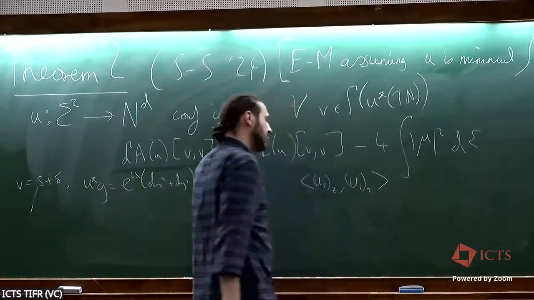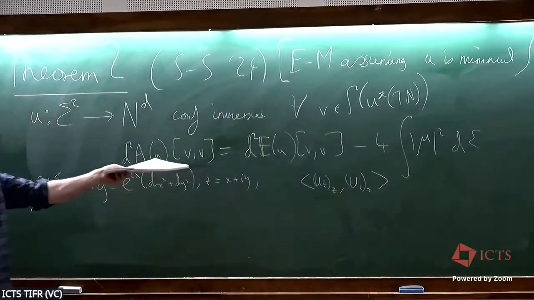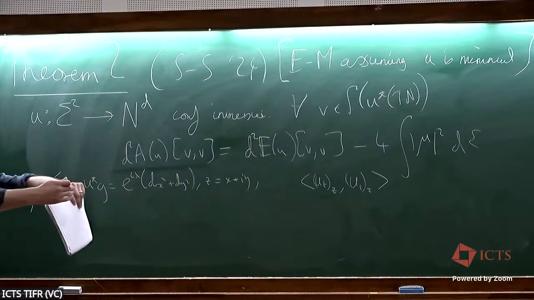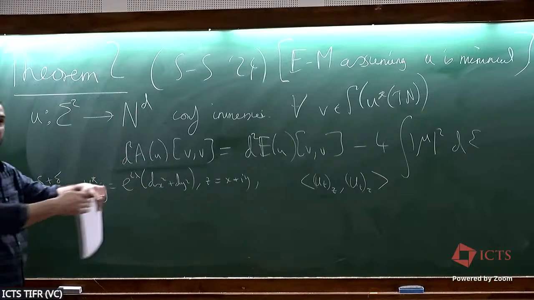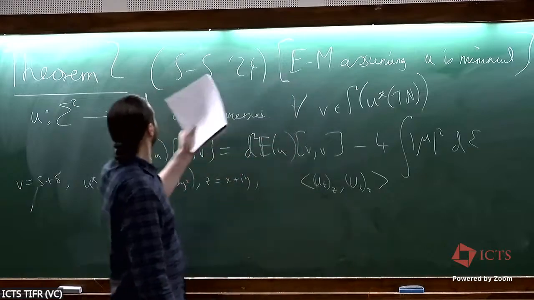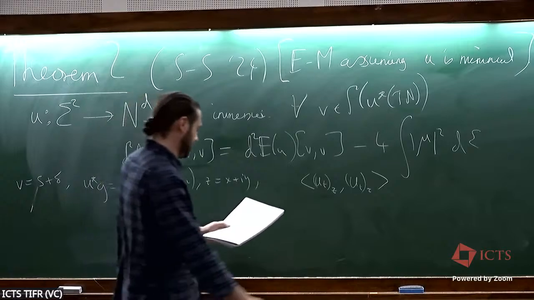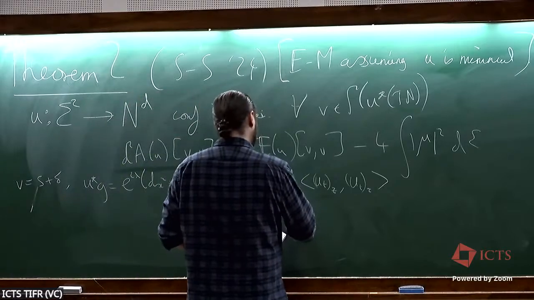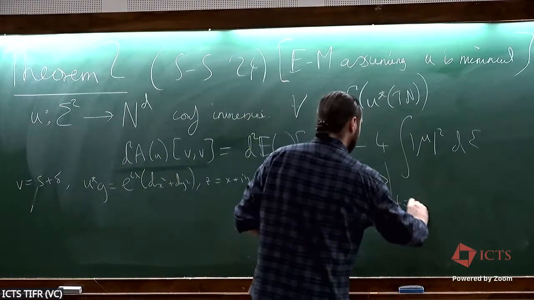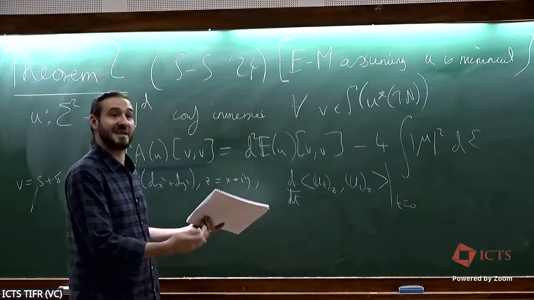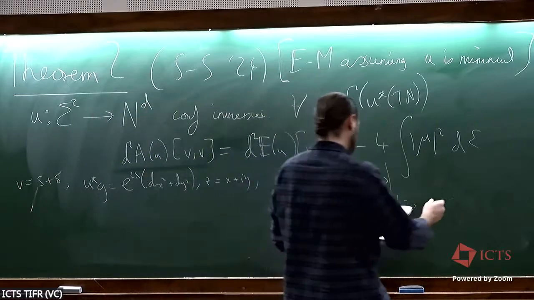That being 0 means that I'm staying in the same conformal class. I'm not moving the Riemann surface on the domain. So if I differentiate that quantity at t equals 0, it gives me some kind of infinitesimal conformal defect.